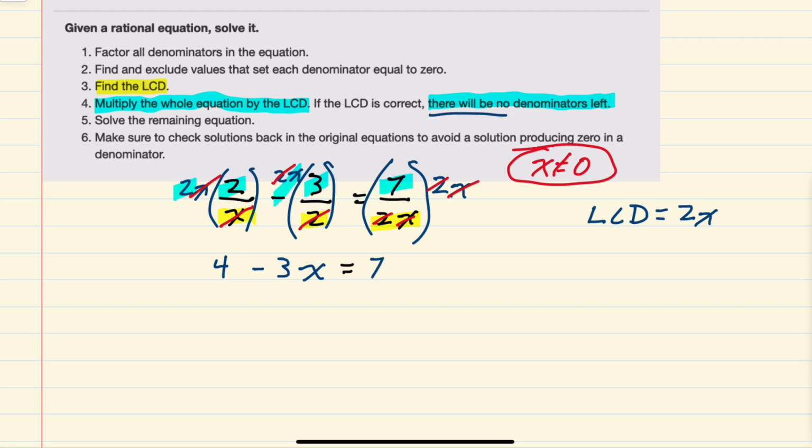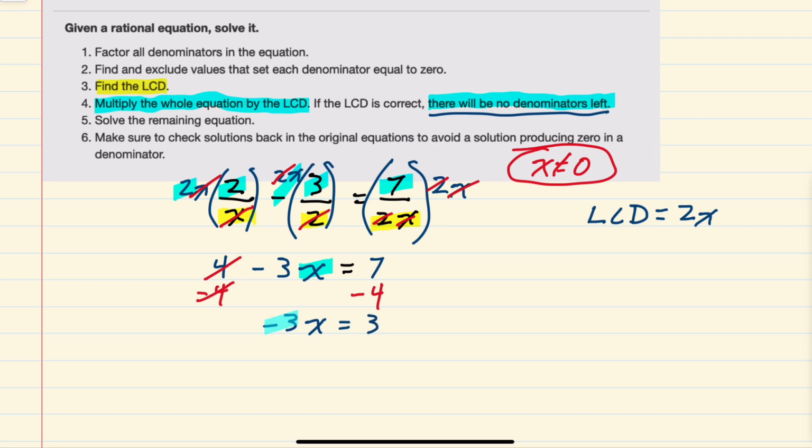We now have no more denominators, so we can solve this simplified equation where we will be isolating the x by moving any other terms away from that side. So subtracting 4 cancels the left, leaving me a minus 3x equals the right-hand side is now 3.